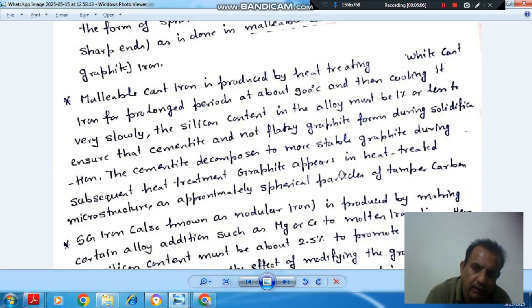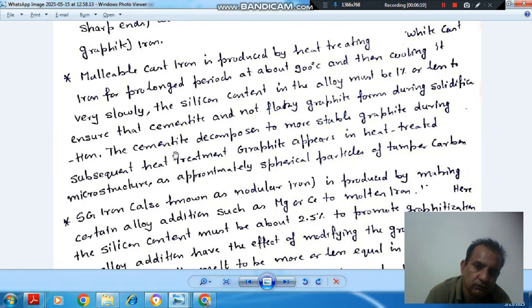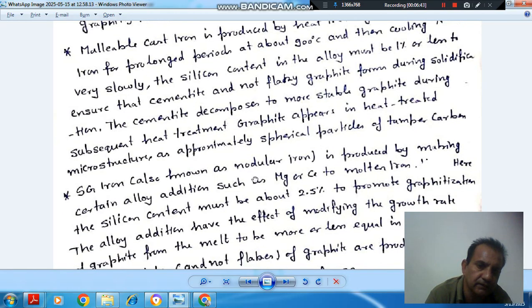Graphite appears in heat treated microstructures as approximately spherical particles of tempered carbon. So this cementite can be converted into graphite by subsequent heat treatment, which will be in spherical shape and will not cause brittleness.